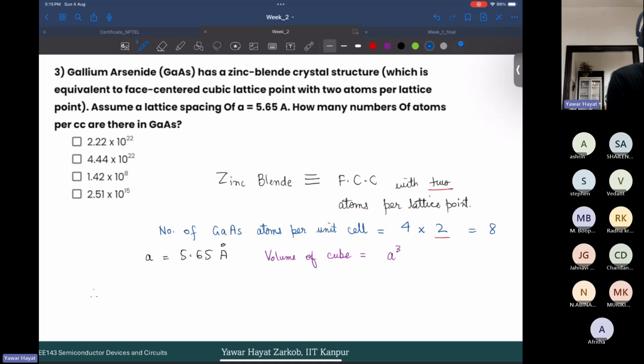Once you compute the volume of the cube, then the number of atoms per cubic cell should be 4.435 into 10 to the power 22 per cubic centimeter.